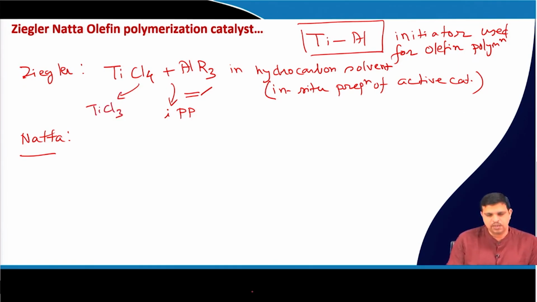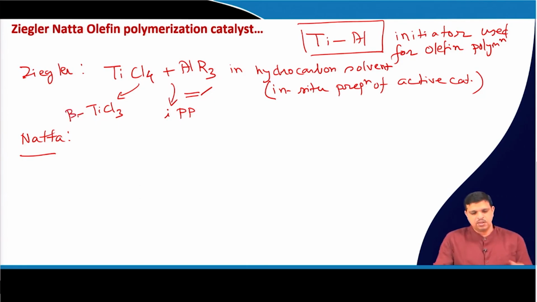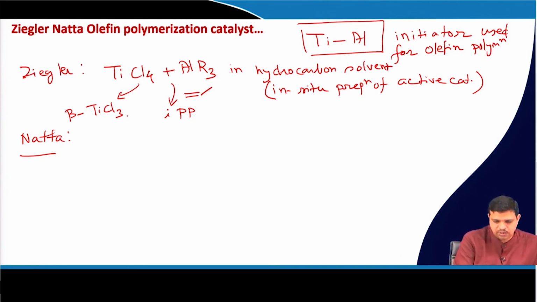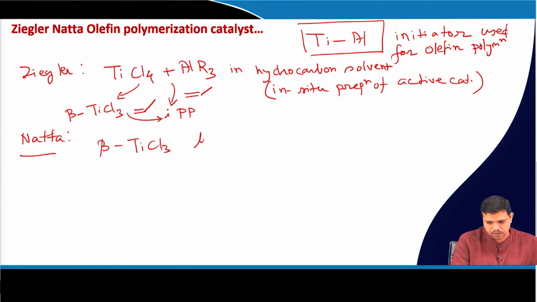Okay, TiCl3 moiety. I am not considering the alkyl part. And this TiCl3 can exist in different crystallographic forms, different crystalline forms, called crystal phases: alpha, beta, gamma, delta. And the color of this one is actually brown.